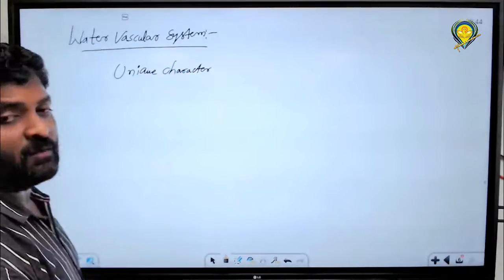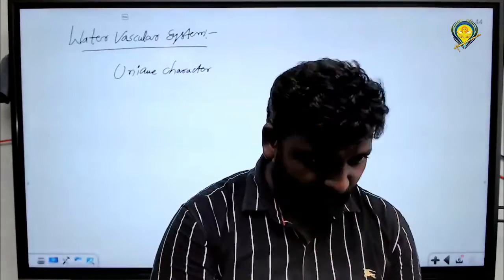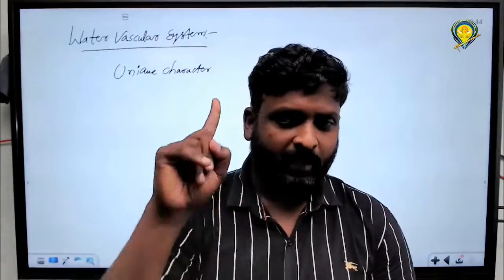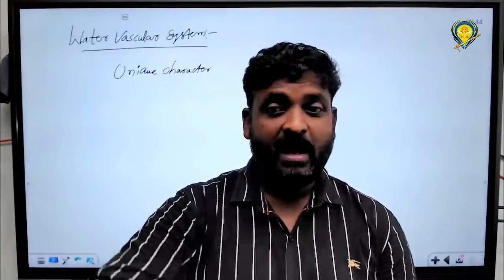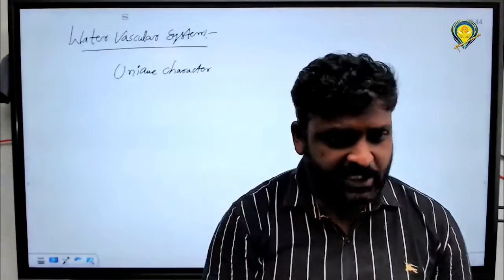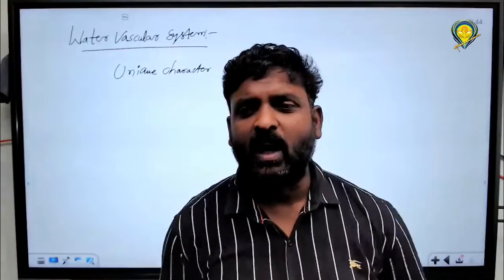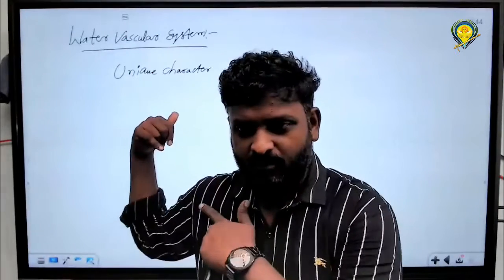Very good. Next one, what is the function of that? The first one, locomotion, collection of food, and next one, respiration, and in general, excretion also. Respiration, excretion, collection of food, and locomotion. All this takes place by the water vascular system.